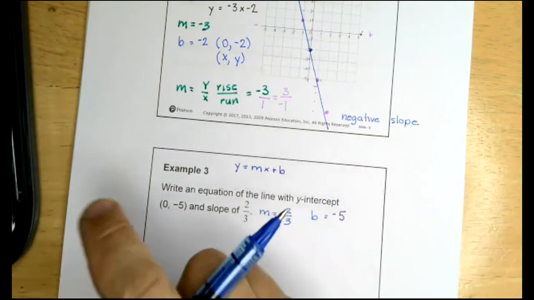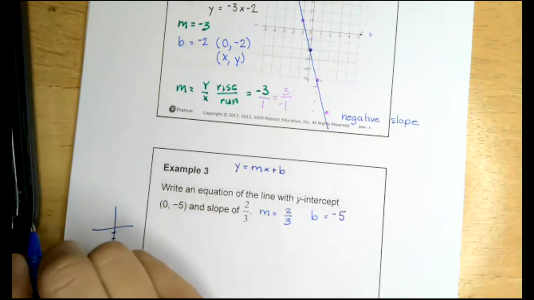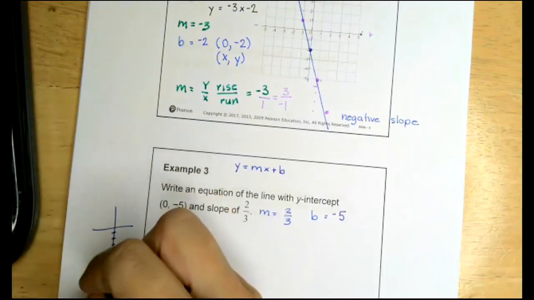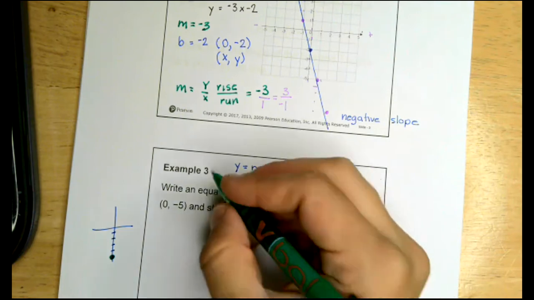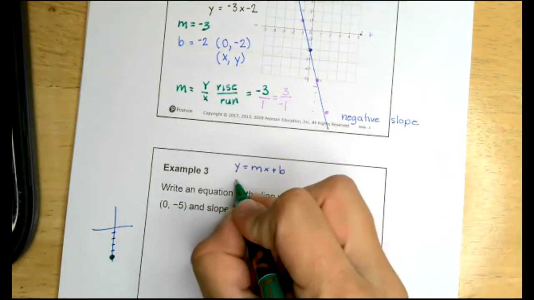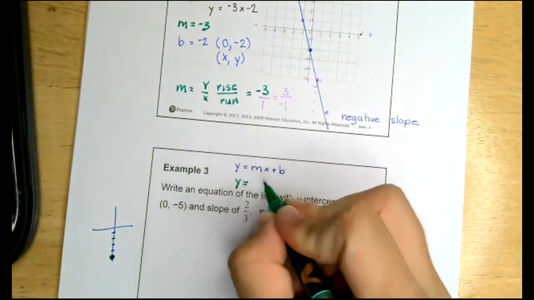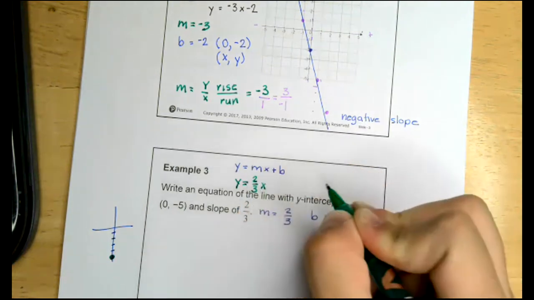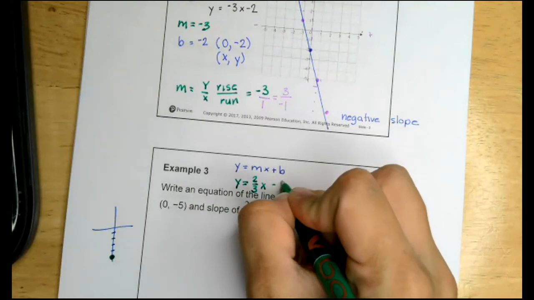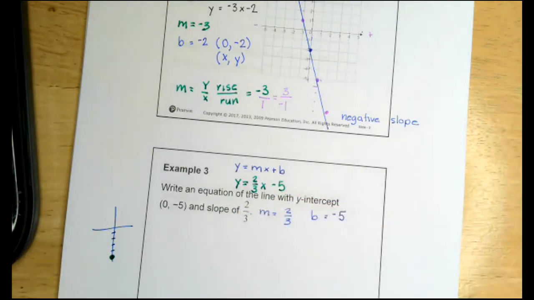If I was to follow this point, it would be 0 on the x, -5 on the y, so that's where it crosses the y. And b is the y-intercept, okay? So now I can rewrite this as y equals, instead of m, I'm going to say 2/3 x, instead of plus b, I'm going to say -5, because b is -5, okay?